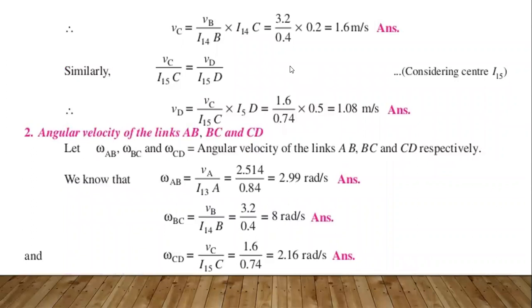Then we got the velocity of C. So velocity of C is taken as velocity of B by instantaneous center of 14 into B, divided by instantaneous center of 14 into C. So this is the formula. So by taking the velocity of C to the left side, we got this.